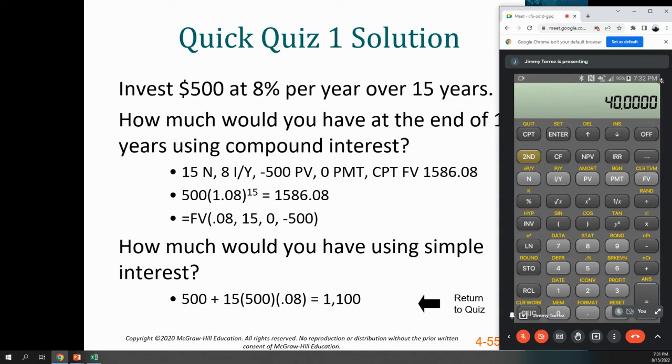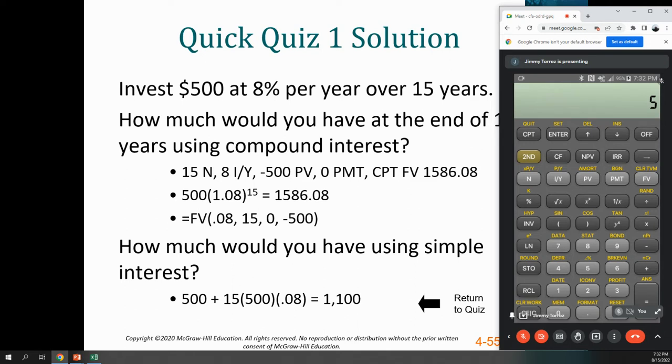So basically each year I get $40 in simple interest. I multiply that by 15 because it's 15 years. I think I hit something wrong there.